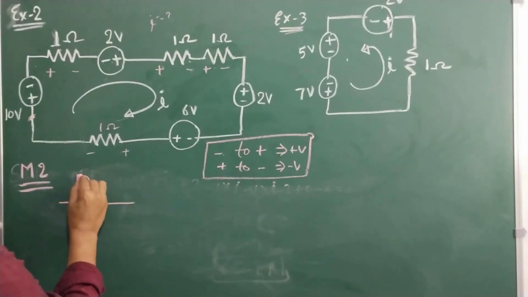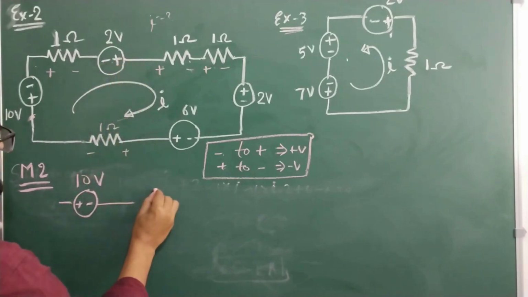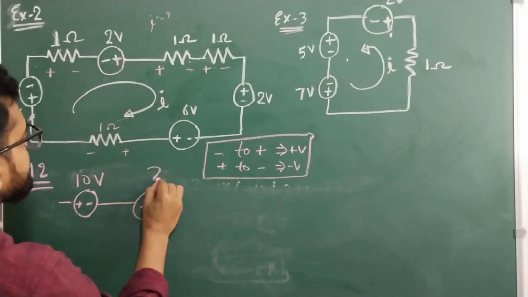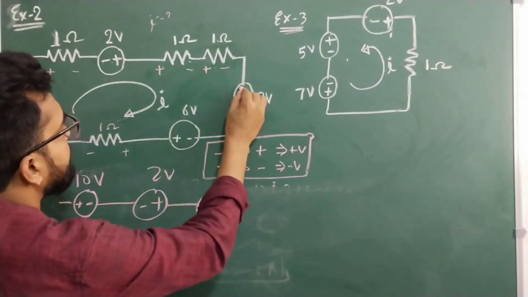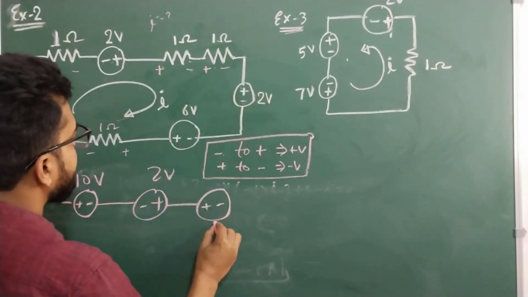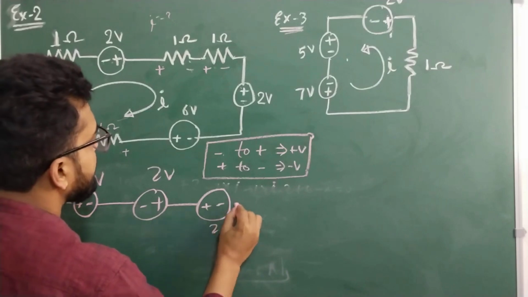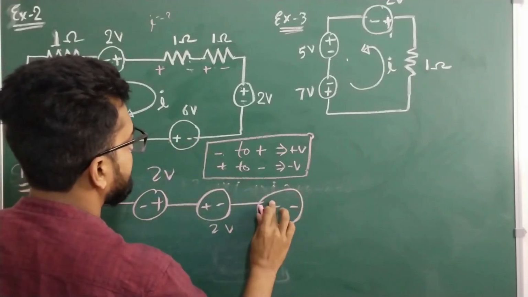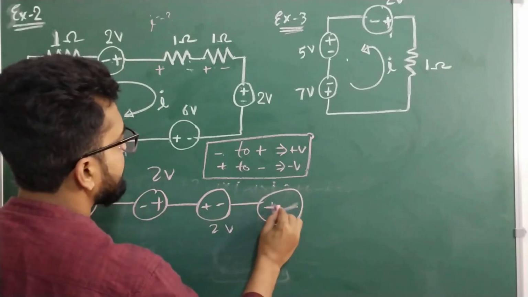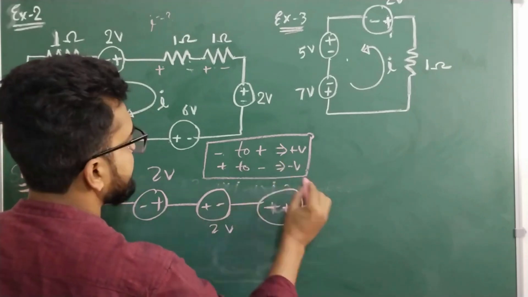This is 10 volt. Then we have minus 2 plus 2 volt. Then again plus 2 minus, which is 2 volt, and then minus 2 plus 6 volt, right?